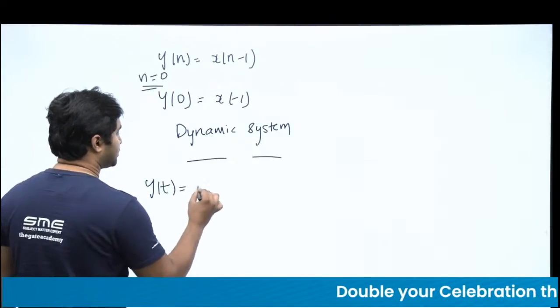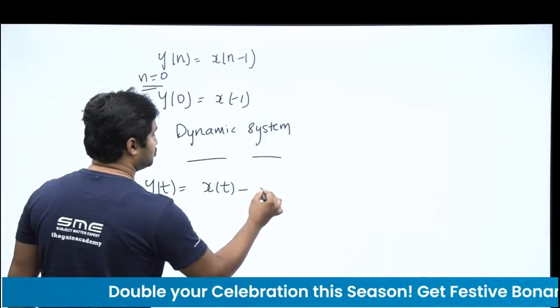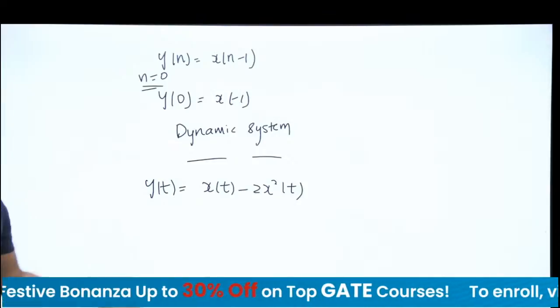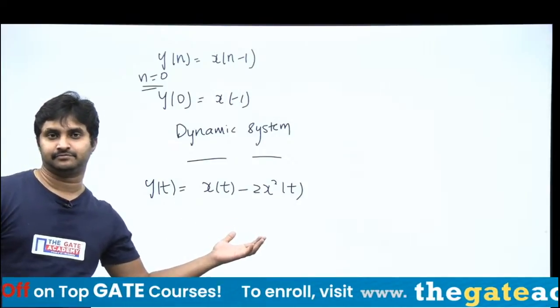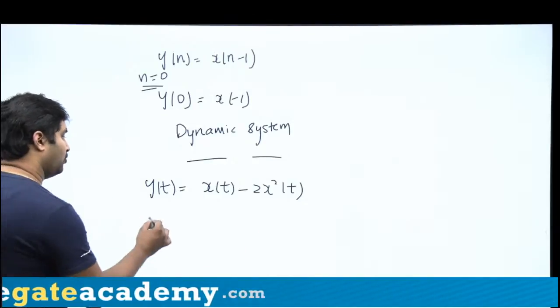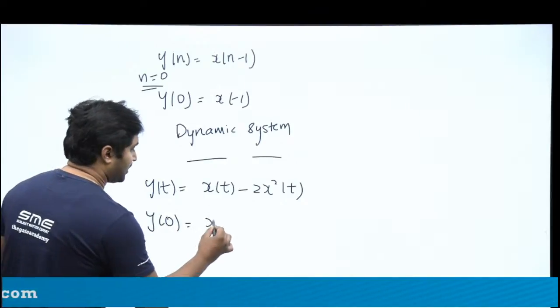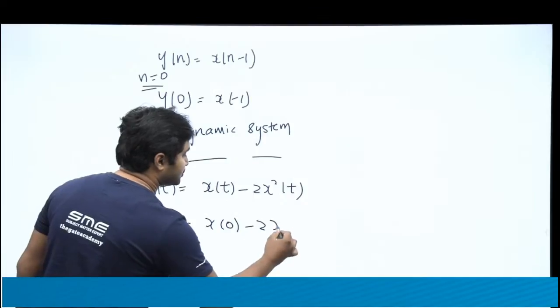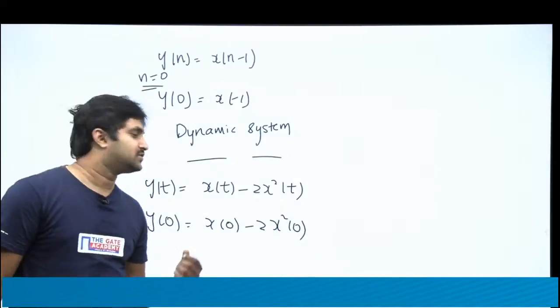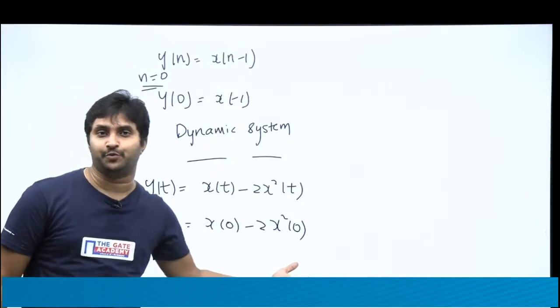y of t is equal to x of t minus 2 x square t. What is this? y of 0 is equal to x of 0 minus 2 x square of 0.